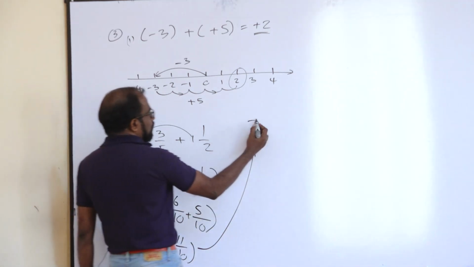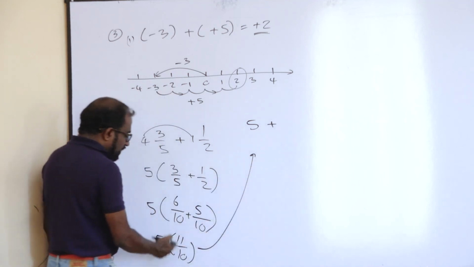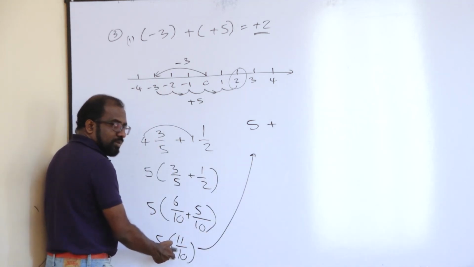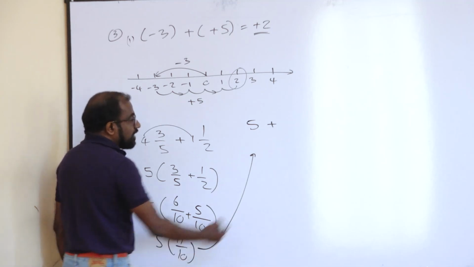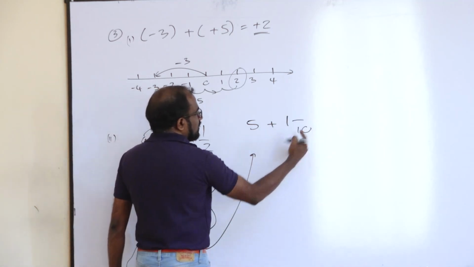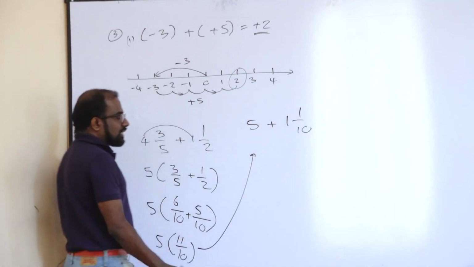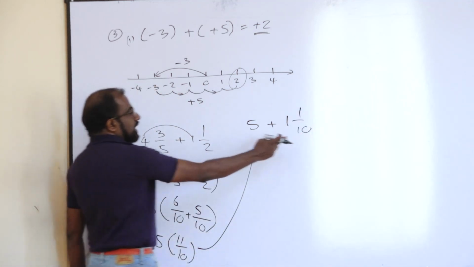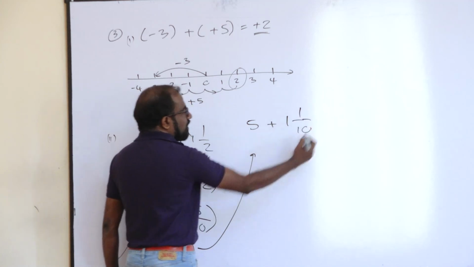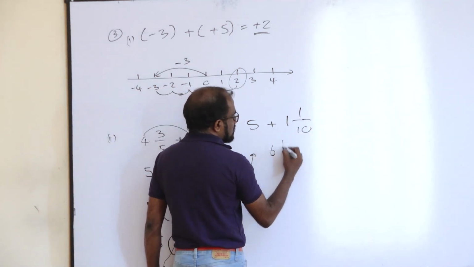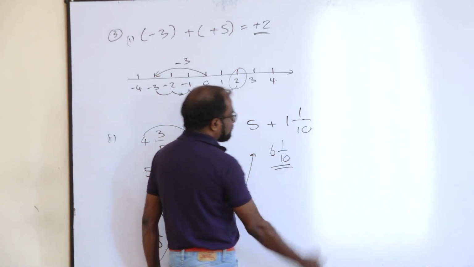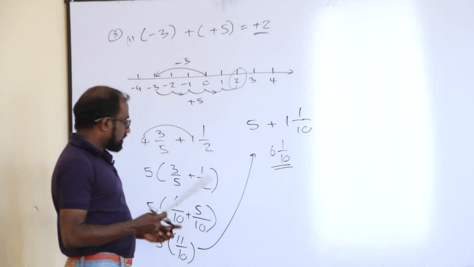Convert 11 over 10 to a mixed number. 11 divided by 10, 1. 10 times 1, 10. 10 plus 1, 11 over 10. What is the answer? 5 plus 1, 6. 1 over 10. 6, 1 over 10.